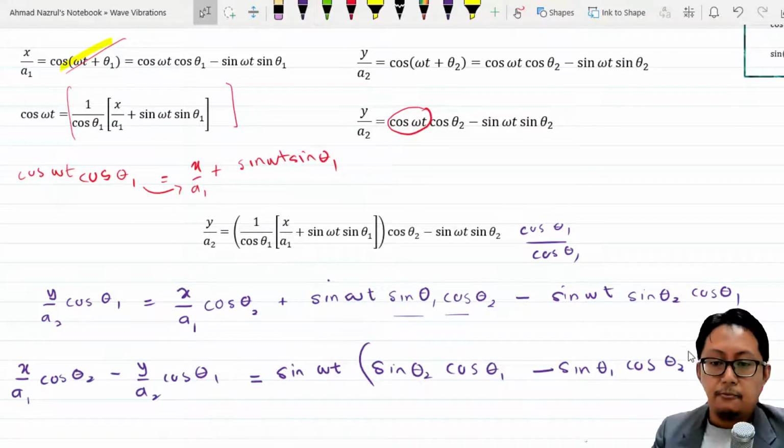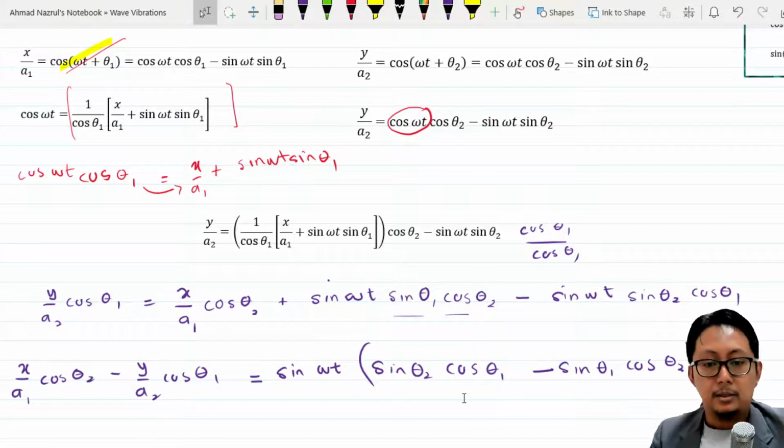So we have sin theta 2 cos theta 1 minus sin theta 1 cos theta 2. Using the trigonometric identity, this one is sin B cos A minus sin A cos B. You can check the trigonometry here.